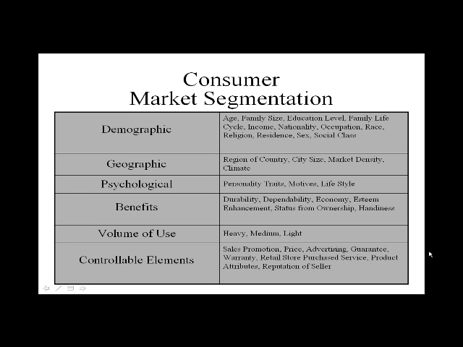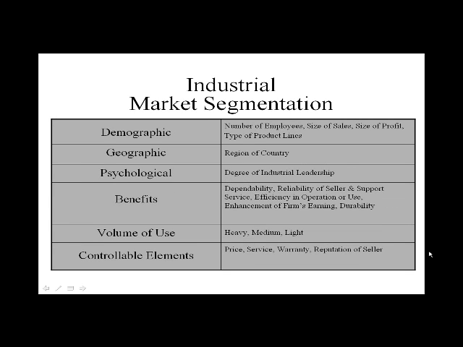And here are the factors and variables that play into what the customer looks like, what their buying habits are going to be, those kinds of things for our market analysis. In the business to business or industrial, again, same thing but a little different.